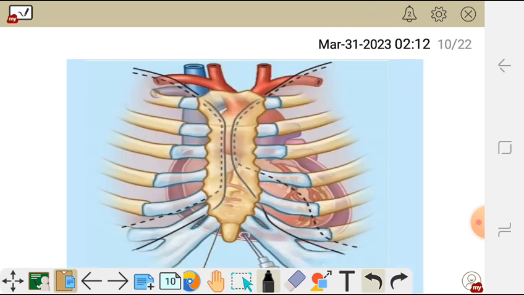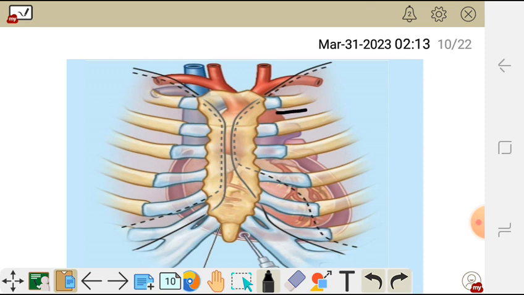Here are the intercostal spaces, and we have the heart beneath the sternum in the thorax cavity. For you to listen to the mitral valve, you have to place the stethoscope into the fifth intercostal space.